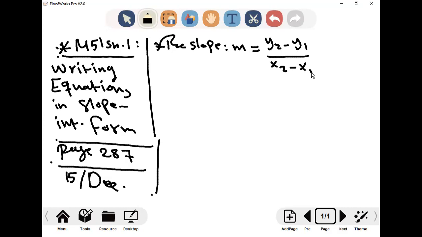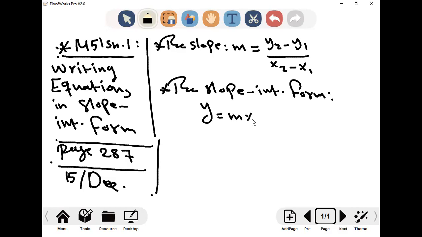The slope intercept form is y equals mx plus b. So m is the slope and b is the y intercept, right?